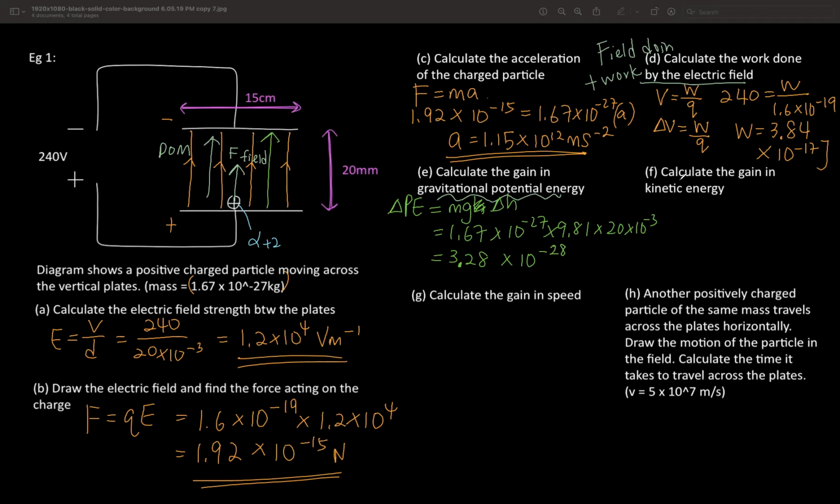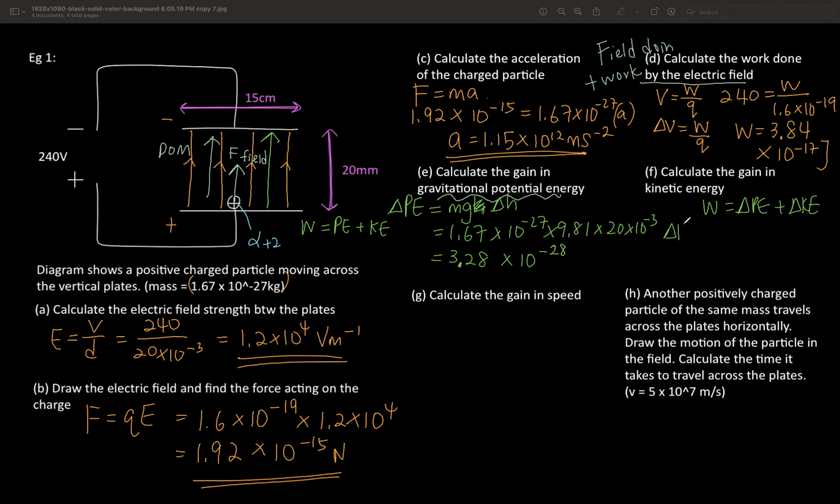Now, what about F? Calculate the gain in the kinetic energy. So we know that the work done by the electric field to bring it up here would be the same as the gain in the PE plus the gain in the KE. Okay, so W equals the change in PE plus the change in KE. So using this, we can calculate the KE.